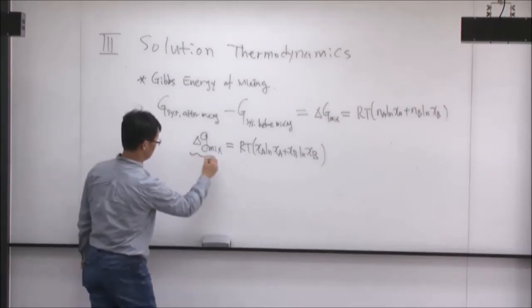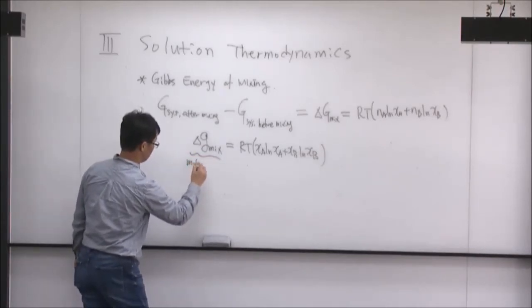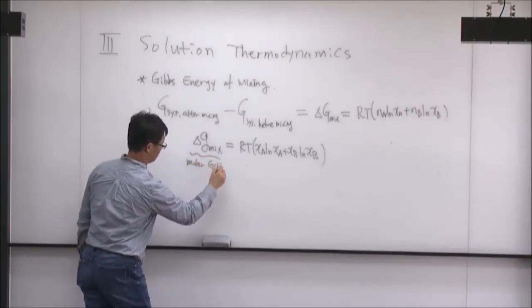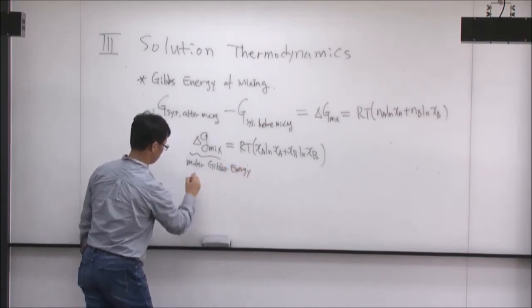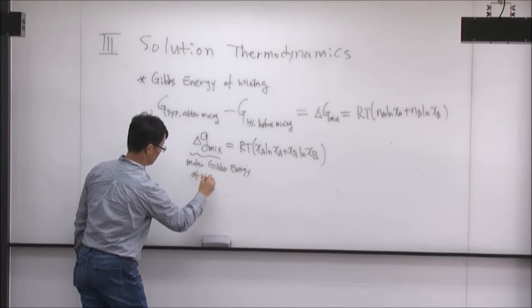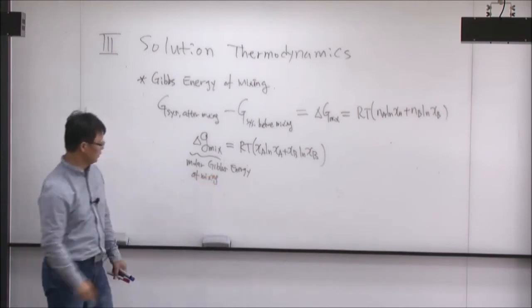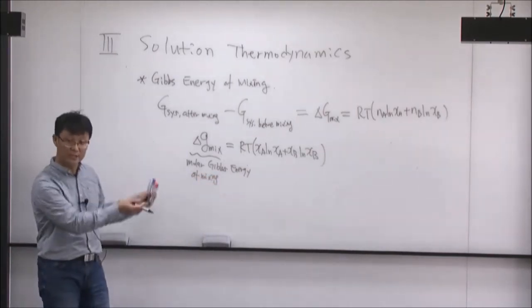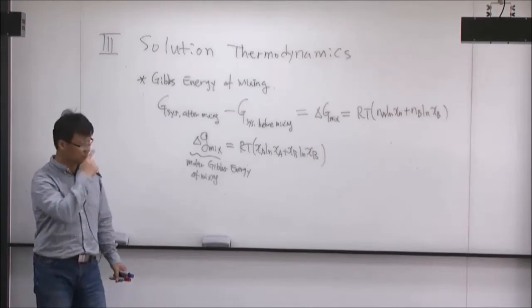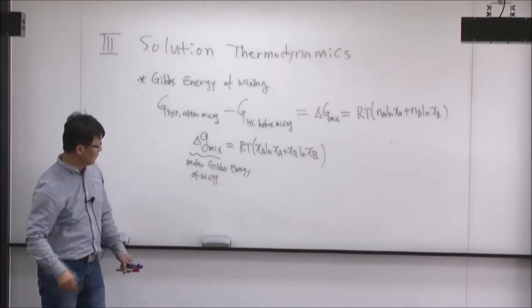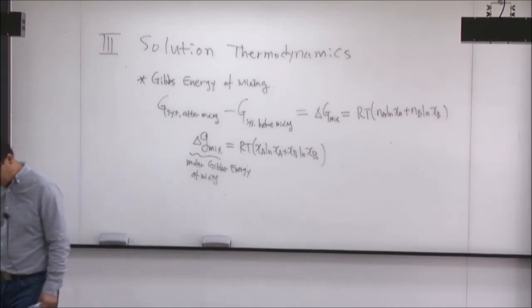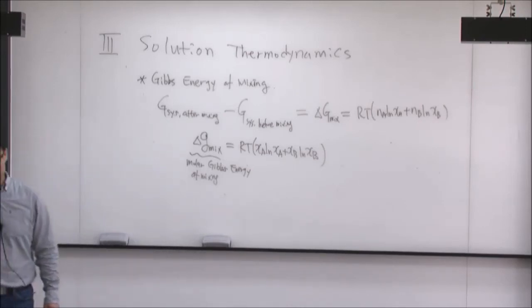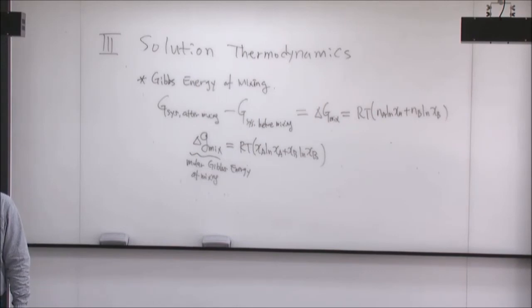Okay, so this is the molar Gibbs energy of mixing for ideal gas. And now let's go back again. Gibbs energy is H minus TS, G equals H minus TS.